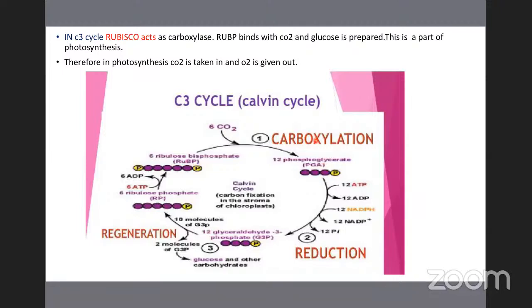The C3 cycle takes place in three steps: first carboxylation, second reduction, and third regeneration. In the carboxylation step, carbon dioxide combines with RUBP and results in the formation of phosphoglyceric acid. This phosphoglyceric acid, by undergoing various steps, results in the formation of the aldehyde glyceraldehyde phosphate. This comes under the reduction step.